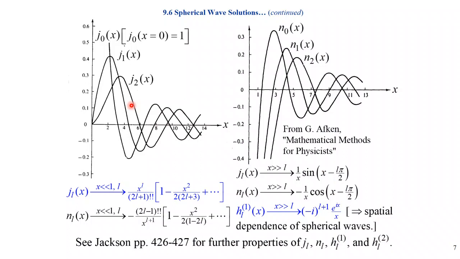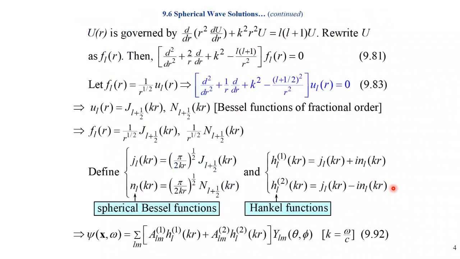I will stop here for a few minutes so you can think about it. Compare these two figures. Okay? Not exactly the same, because l here actually corresponds to J, l plus 1 over 2. So not exactly the same, but very similar in form.